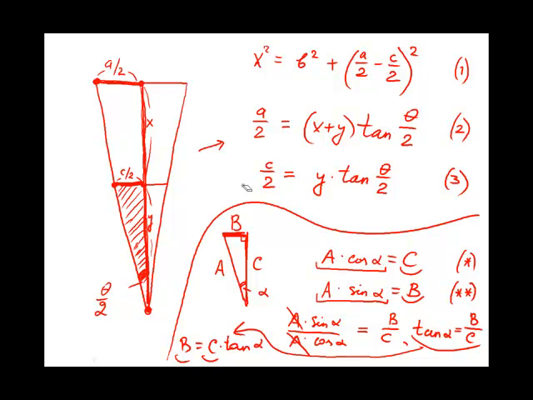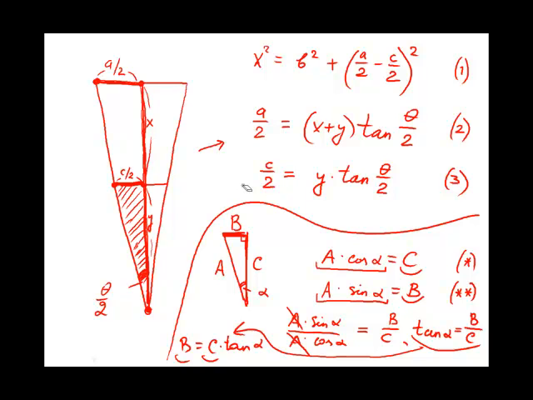Now, how many equations do we have? Three equations. How many unknowns do we have? Three unknowns. What are they? Again, x, y, and theta. Yep, we don't know them, but we can find them because we have as many equations as unknowns.